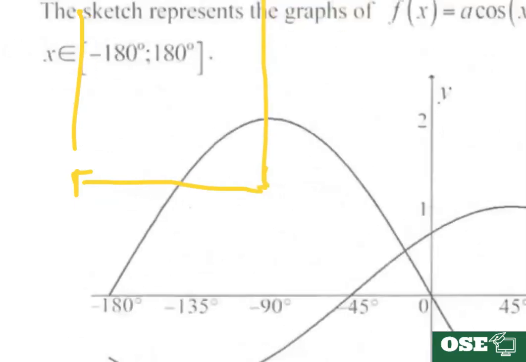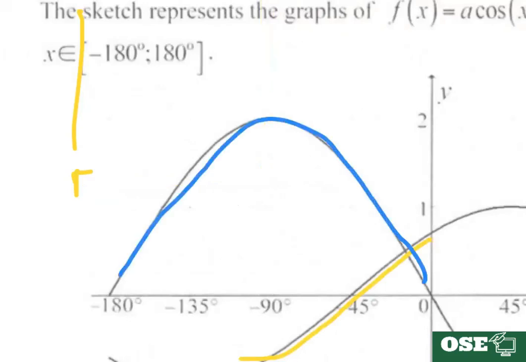So yellow is f of x and blue is g of x. Yellow is f of x and blue is g of x.